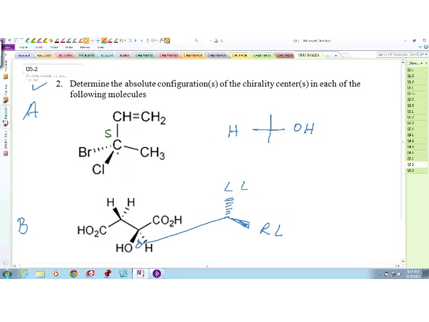This group right here. Okay, very good. So you have that CH2. This group right here is above my chest, CH2, and no, let me go ahead and write it down.